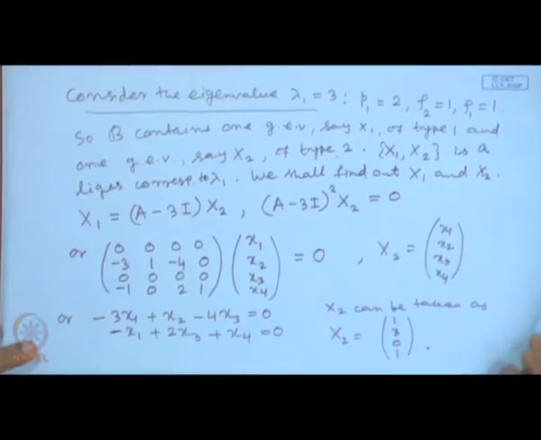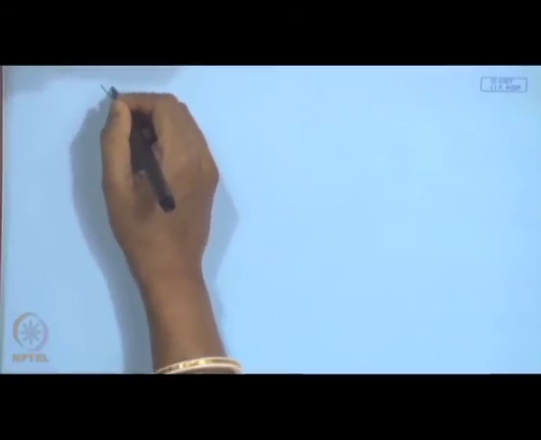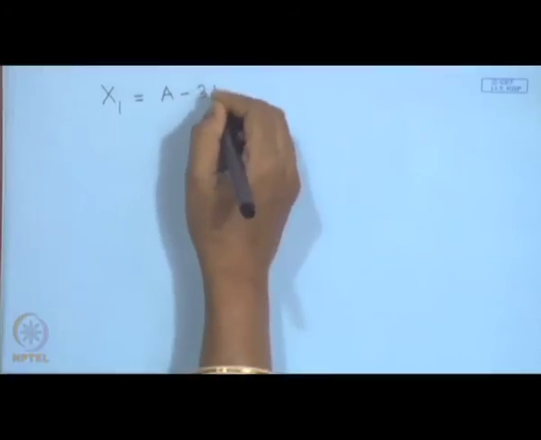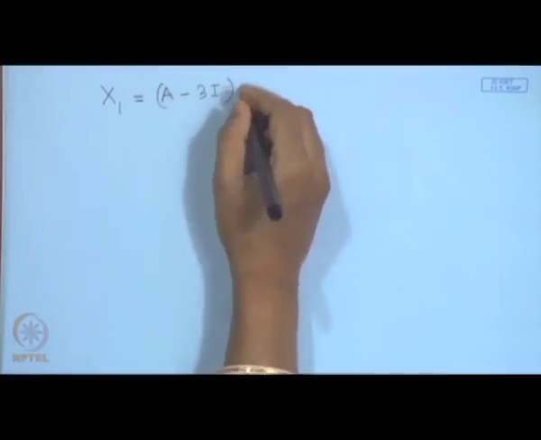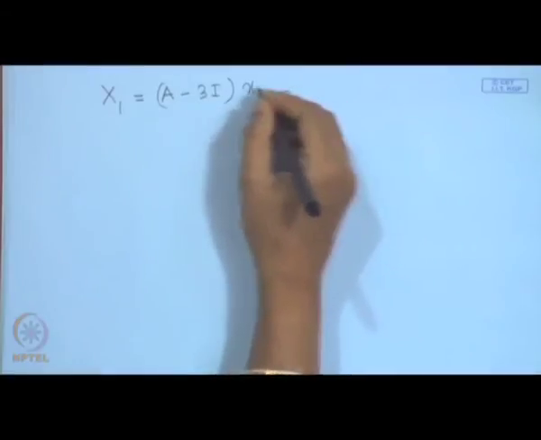Next we can find x 1 from x 2: x 1 is (A minus 3 I) times x 2. One can compute it.